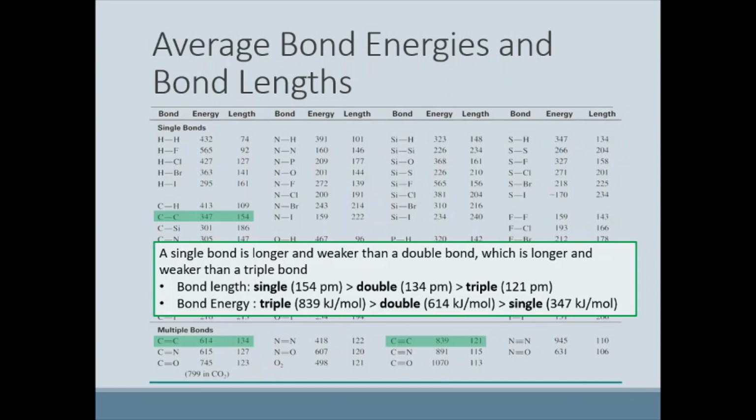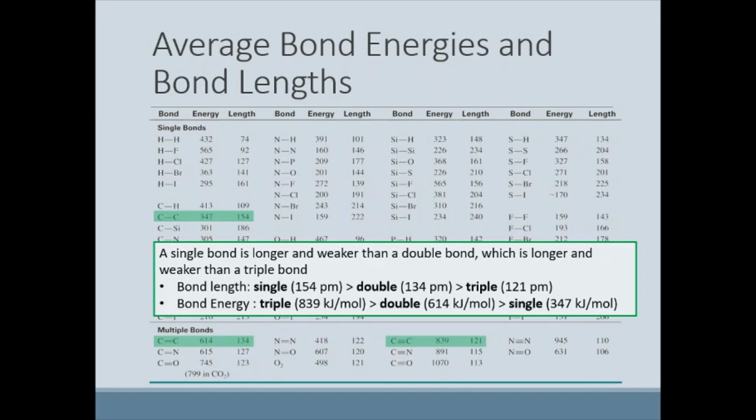Same deal if you have a triple bond sharing 6 electrons: it's going to require more energy to separate all 6 of those electrons than it would 4 electrons, than it would 2 electrons. Additionally, and again, not too extreme, if you look at the sizes of these bonds, you'll notice that the single bond in a carbon-carbon is going to be 154, the double bond is 134, and the triple bond is 121.